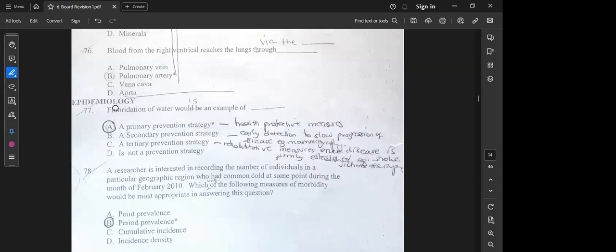So if you're at some point during the month of February, then we're looking within that whole month. So I guess period makes sense then, because they haven't specified, unless it's February and not just the year 2010. Does point prevalence also make sense? Maybe I'm overthinking. So period prevalence is the answer in this case, right?